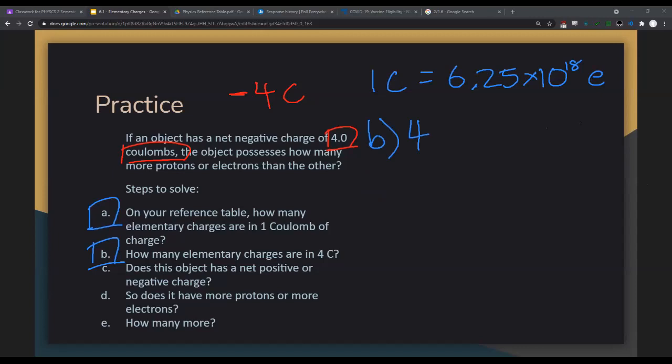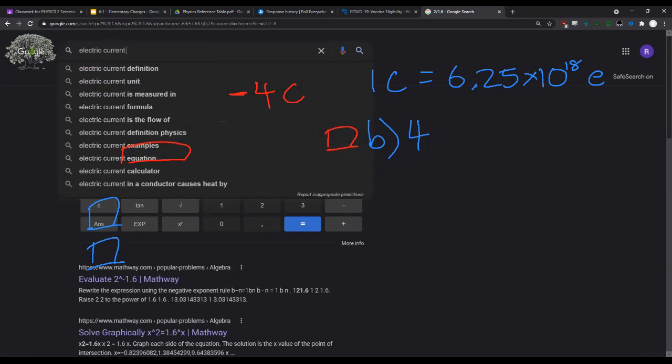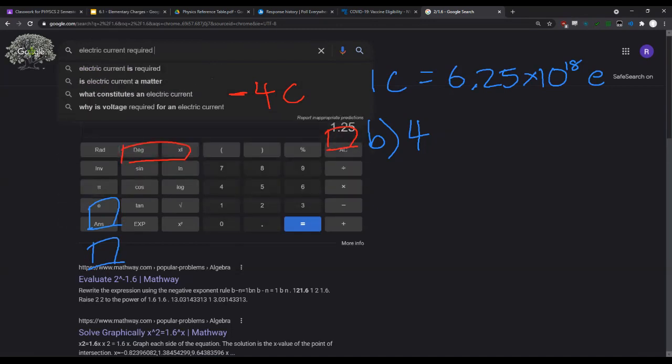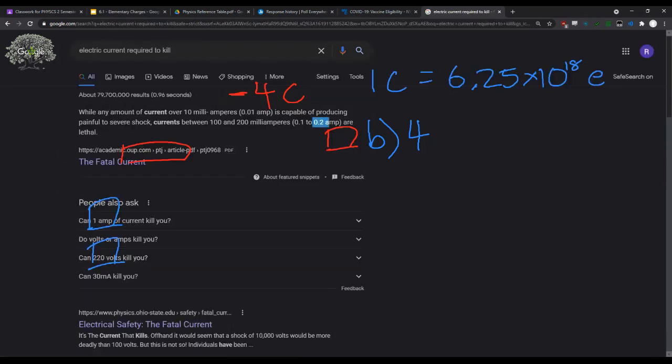We'll talk about it. It's somewhere around 0.1 amps. Electric current required, so it's like 0.1 amps.